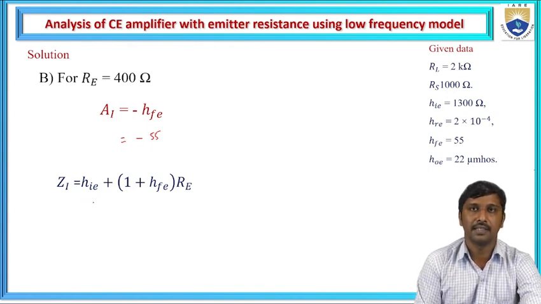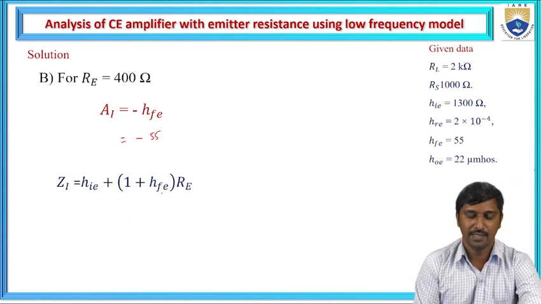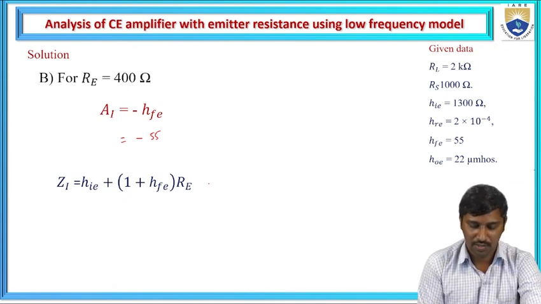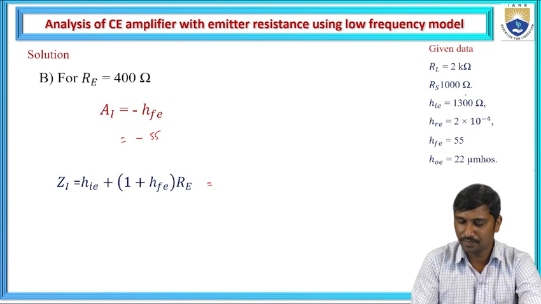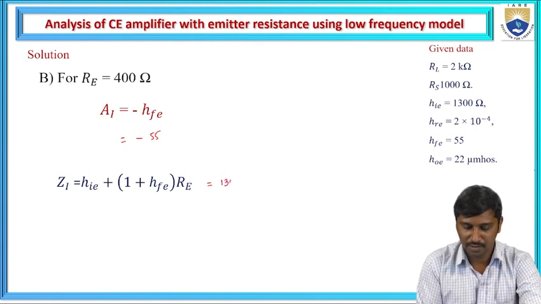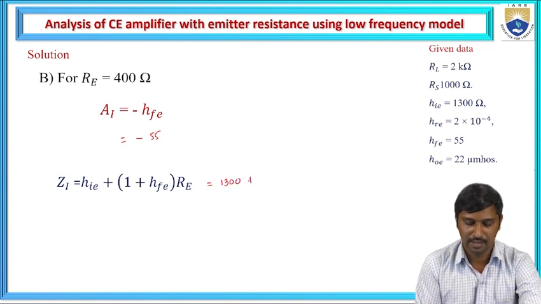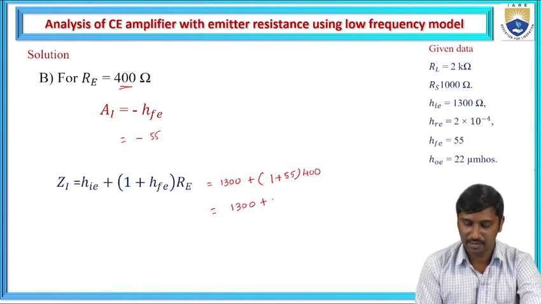Zi is represented as hie plus (1 plus hfe) times RE. Now you can substitute: the hie value is 1300 ohms, 1300 plus (1 plus hfe is 55, so 56) into RE value 400.